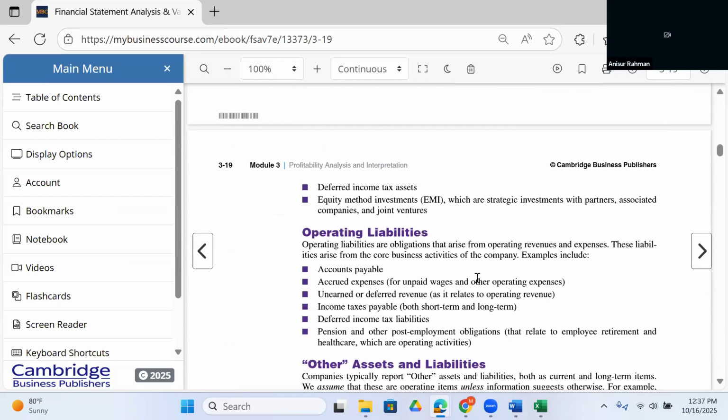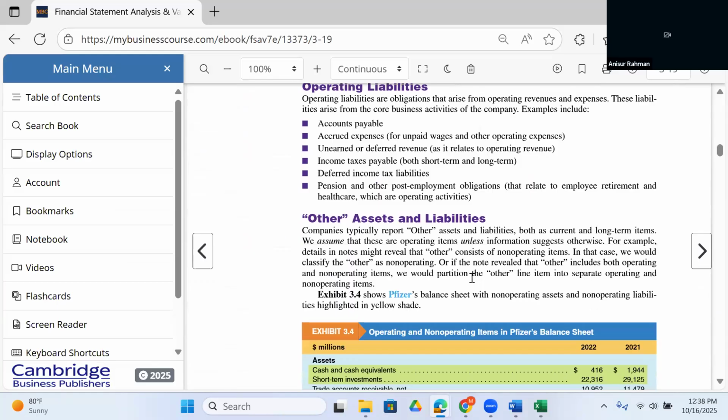These are considered operating liabilities. And it also mentions that if there is something like other assets or other liabilities, consider them to be operating, unless there is specific information saying otherwise.